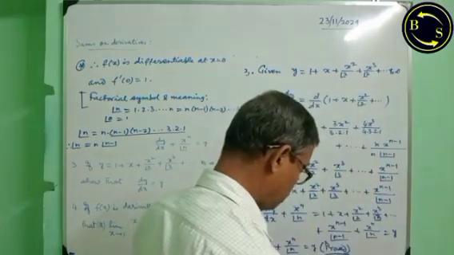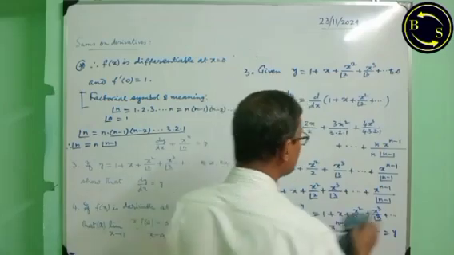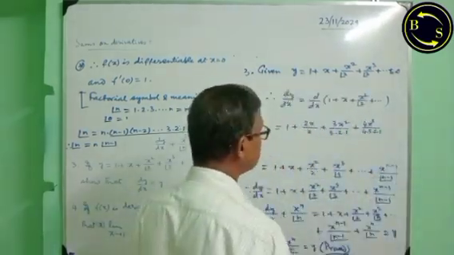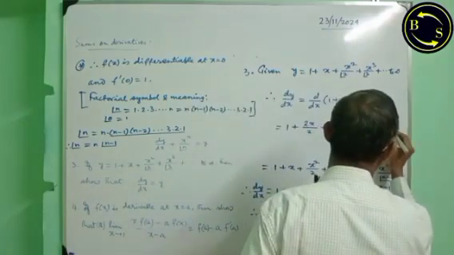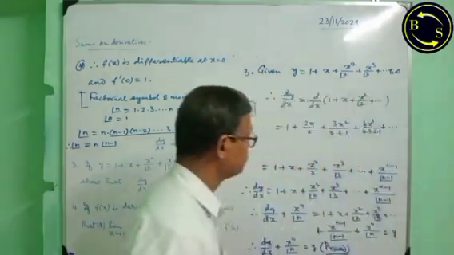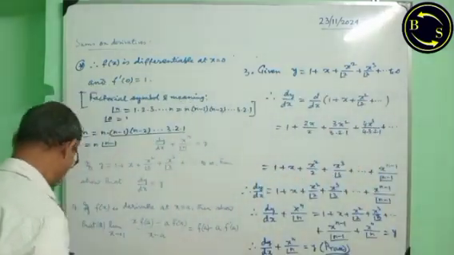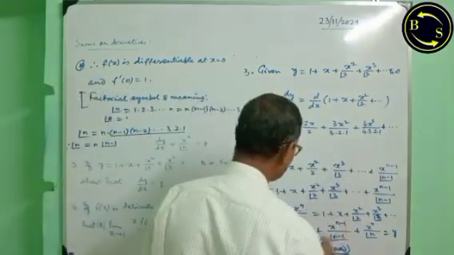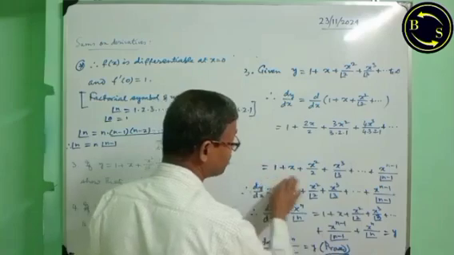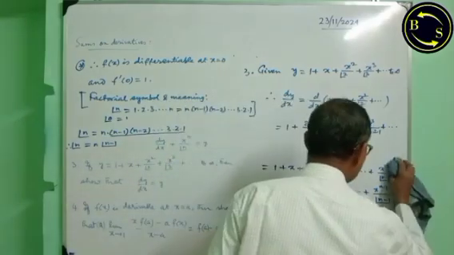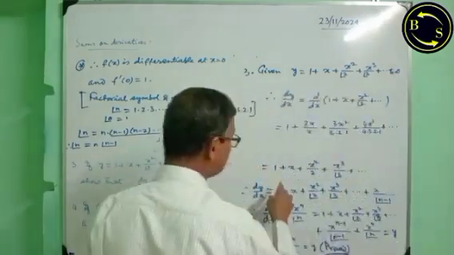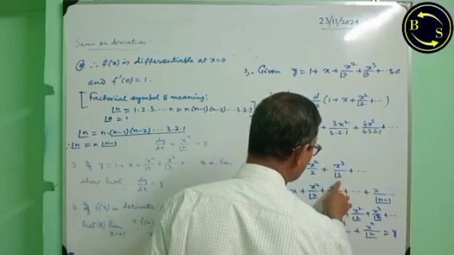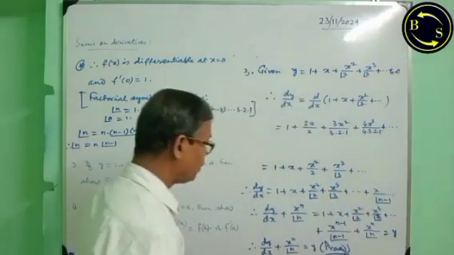Therefore, for this step we can write, therefore dy/dx is equal to this. Therefore, after simplification it will be 1 plus x square by 2 plus x cube by 3 factorial plus, and so on to infinity.